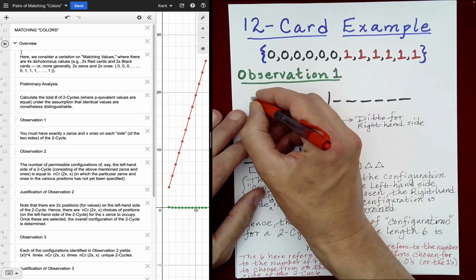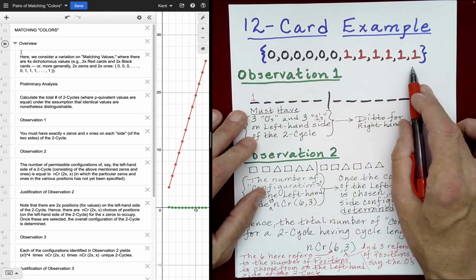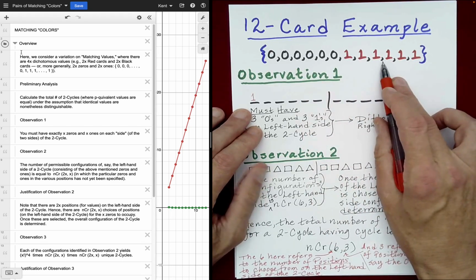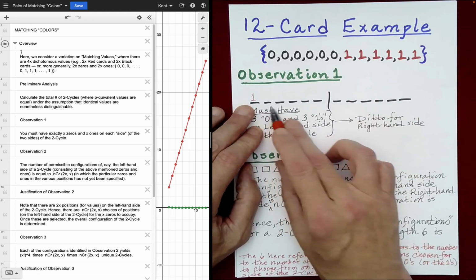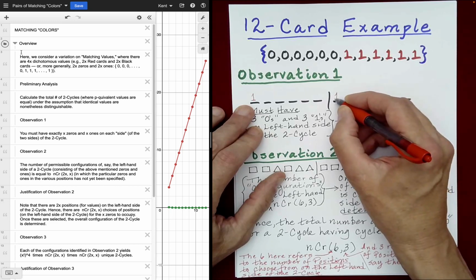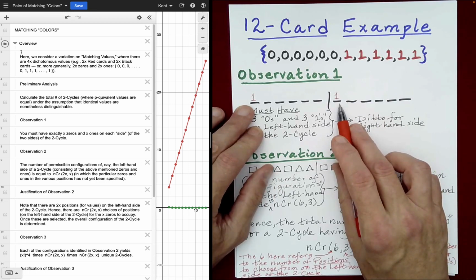So let's say we happen to put a 1 right there. So we've used up one of these, okay? Well, for this to be a 2-cycle relative to these dichotomous values here, if I have a 1 here, then I have to come over here, and in the corresponding place in the second half of this packet, I need to have a 1 at the beginning of that cycle, okay?